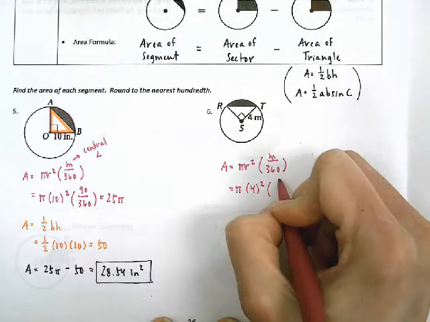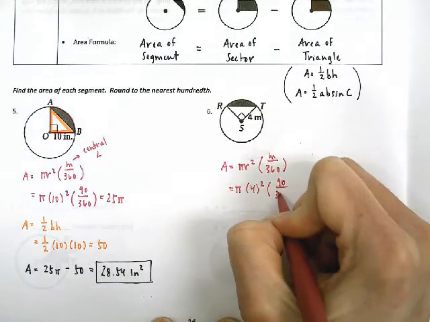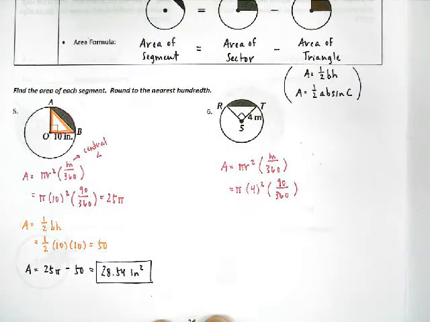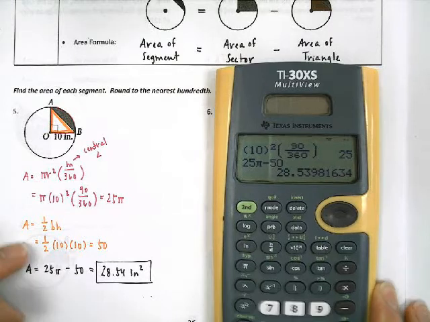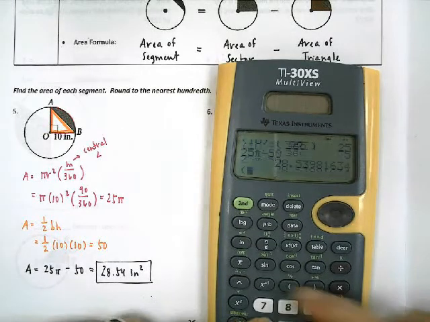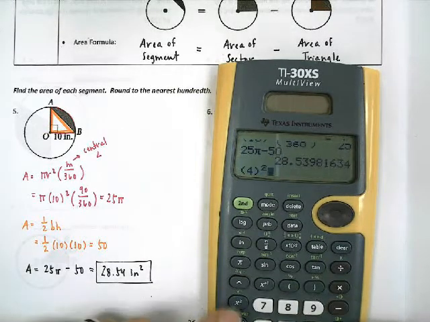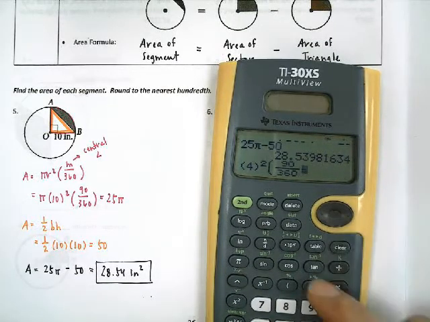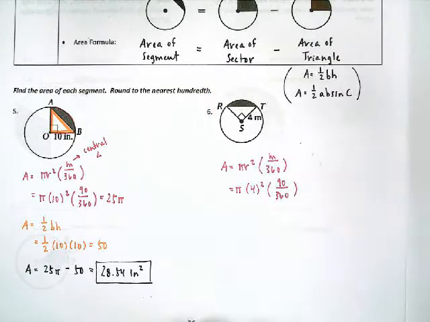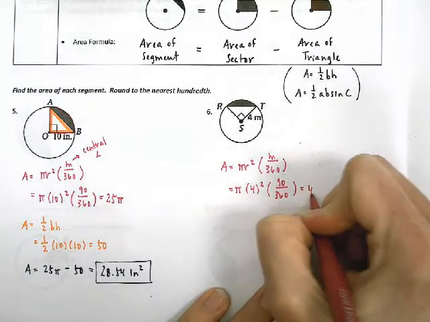Again, I still have a right angle, so my m is 90. And we're just going to put that in our calculator. So I have 4 squared times 90 over 360, and that's just going to give me 4 pi.